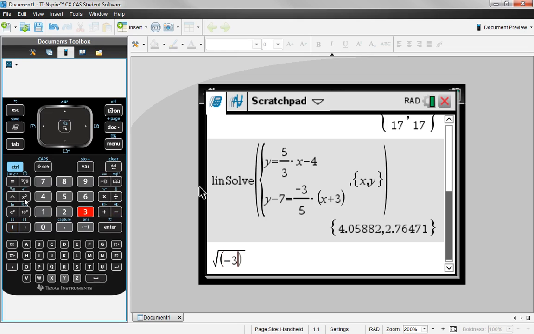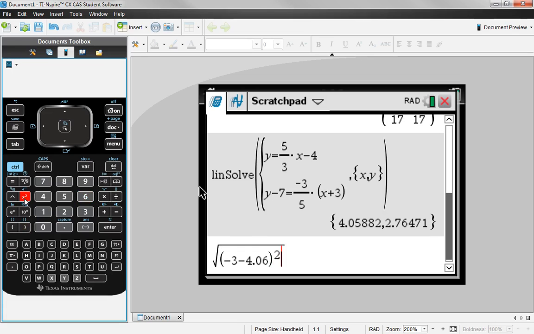So -3 minus 4.06, if I want to round to 2 decimal places, squared. So that's x minus x squared, plus the y-coordinate was 7. So 7 minus 2.76 squared, and I'm done.